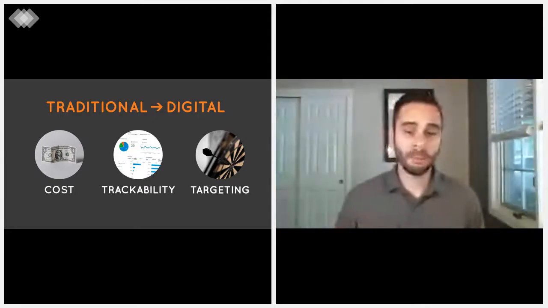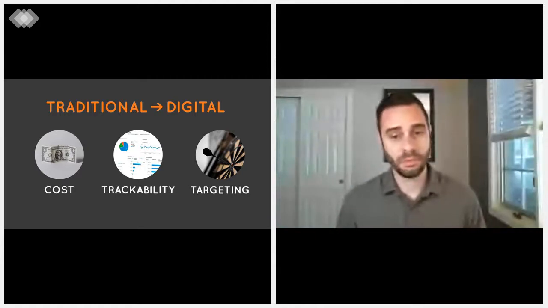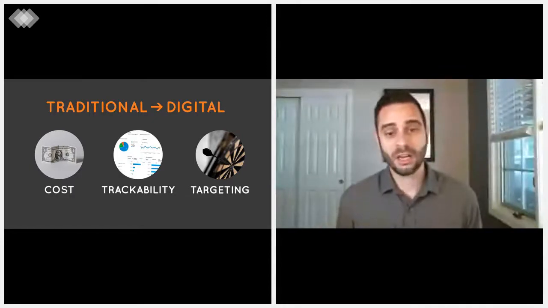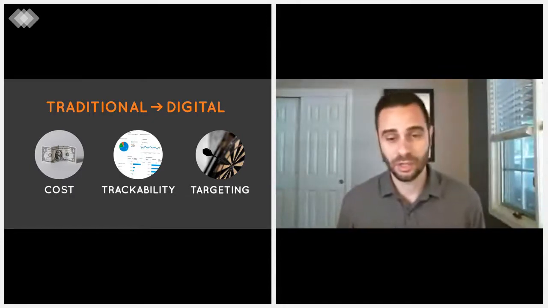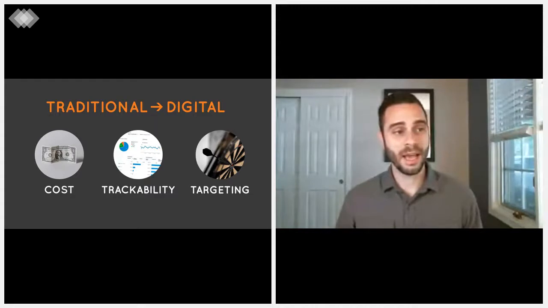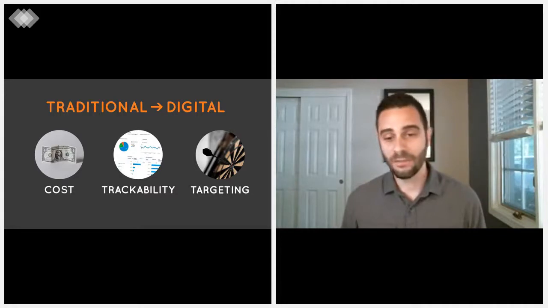The cost to put up billboards, even the cost to run a series of print ads or radio commercials over a several week or month period of time, often has that barrier of entry where it's not going to cost less than $10,000, for example, to get into that. So it's a really big investment to put out there and hope that it works. Whereas the barriers to entry for digital are significantly lower. You can start digital advertising for as low as $5 or $10 a day. You can scale up or down as you need on the fly.